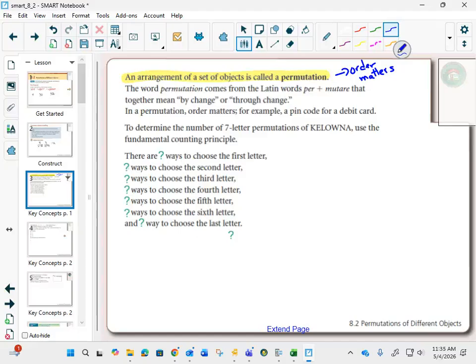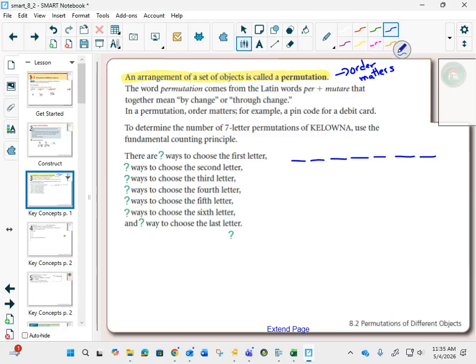So if you took the 7 letters of the word Kelowna and you wanted to rearrange them, how many different rearrangements could there be? Do you see that you would have 7 decisions to make? And the first letter could be any letter.